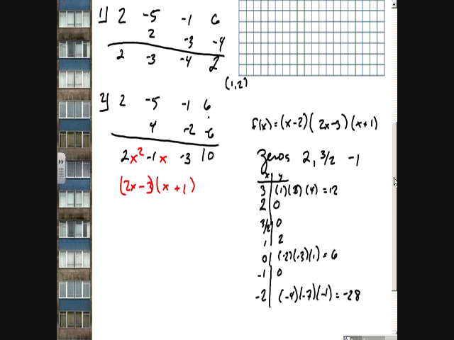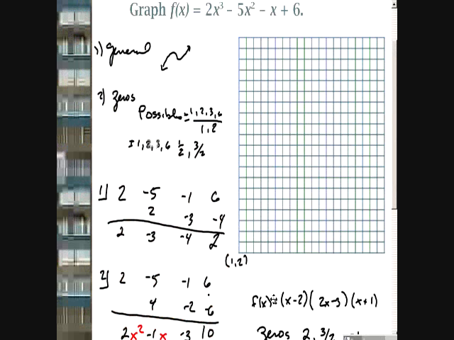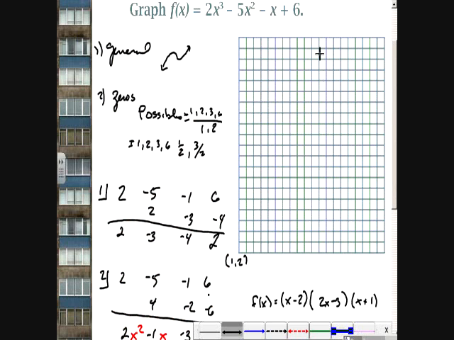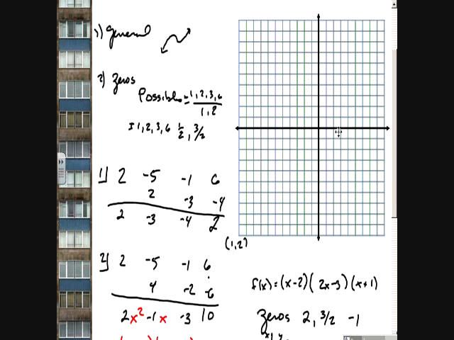All right. So in terms of plotting these, set up your axes. So everything looks all nice and neat. I've got my zeros here at 2, 3/2, and -1.